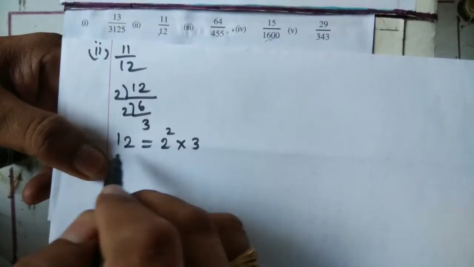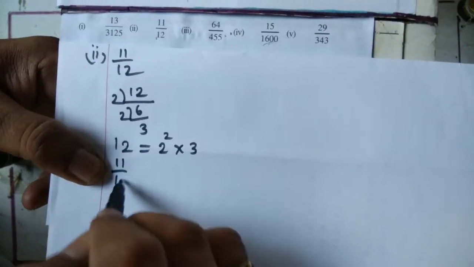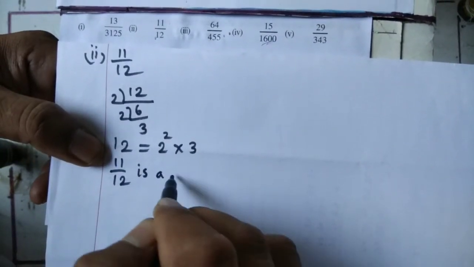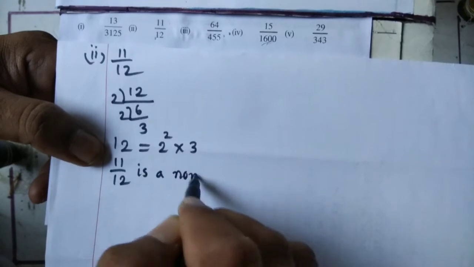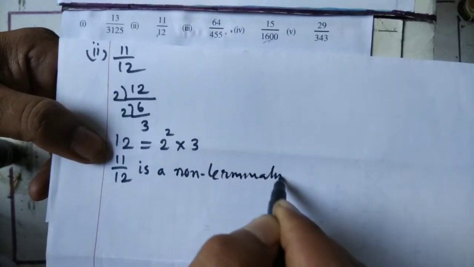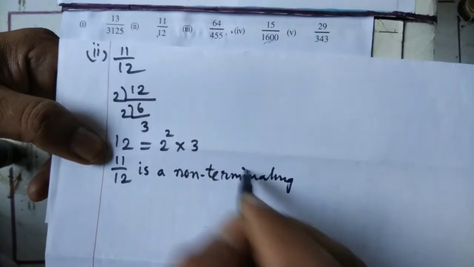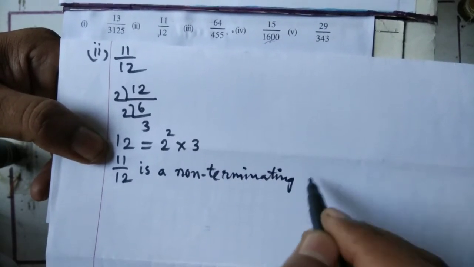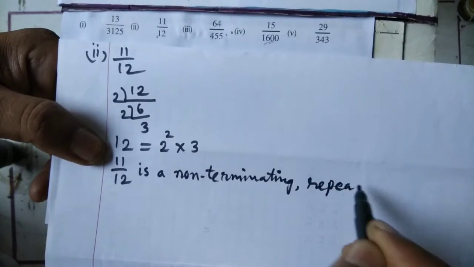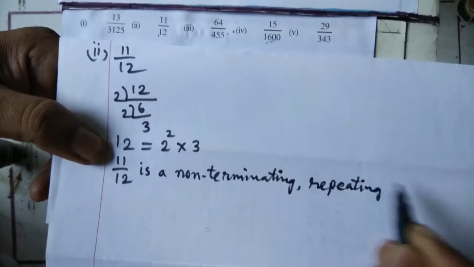So that's why 11 by 12 is a non-terminating repeating decimal.